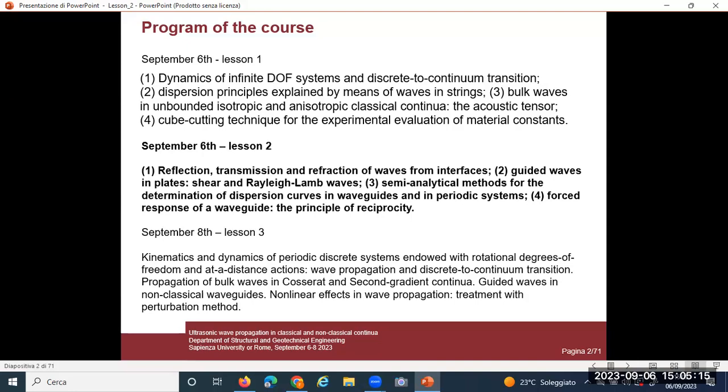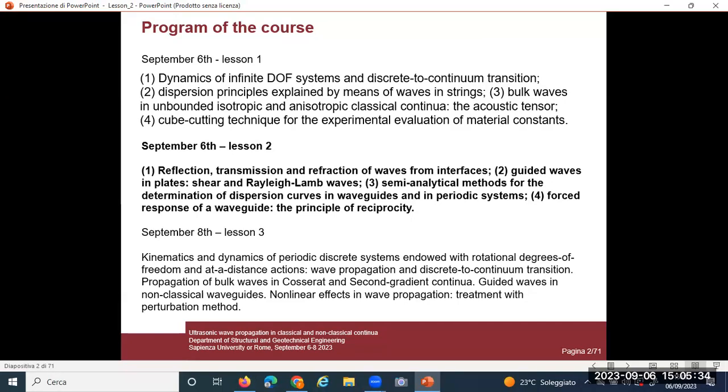Then we will describe what are guided waves that propagate in plates, and also present the semi-analytical methods for the determination of the dispersion curves in waveguides and also in periodic systems.